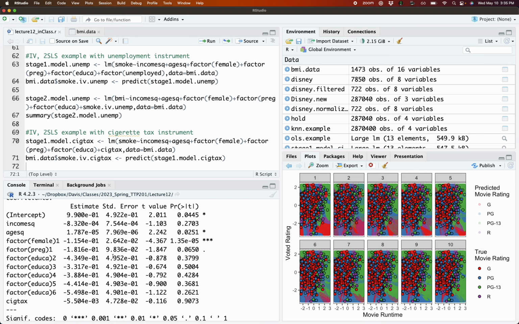Yeah, that's true. All right. So in this case, I actually did a summary of our first stage so we can see how all these factors relate to smoking directly. Specifically with the cigarette tax, we can see the cigarette tax actually is a weak instrument, even if we think that it's a good one, logically.